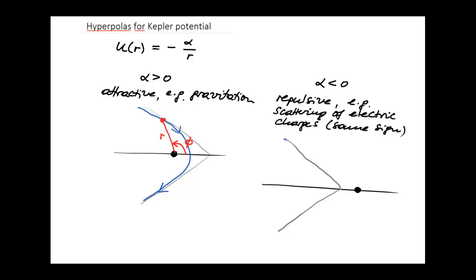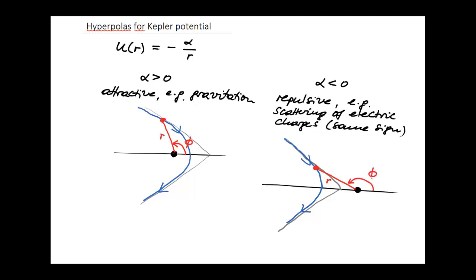We have the projectile coming in, feeling the repulsive force of the potential, turning around and going back asymptotically free. So you see the difference between the repulsive and the attractive case. Again, at each moment, the position of the projectile in the center of mass frame is characterized by these two coordinates, r and phi.